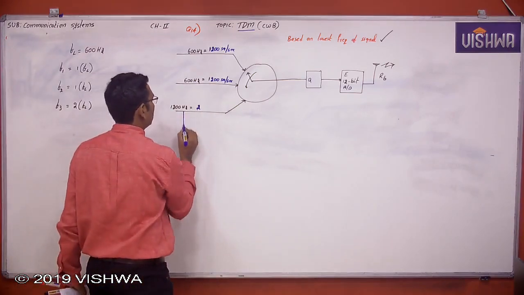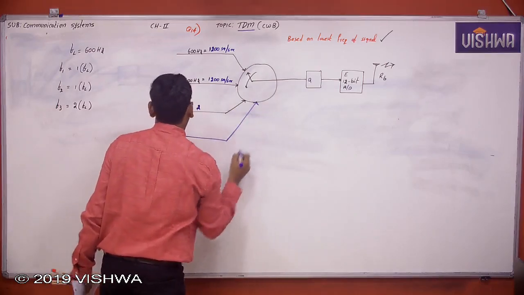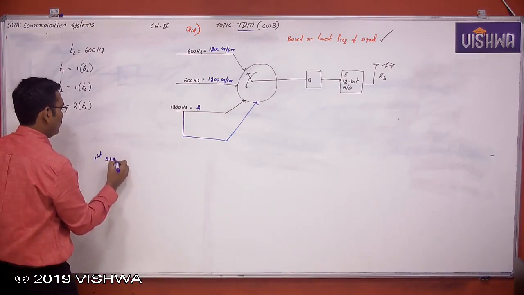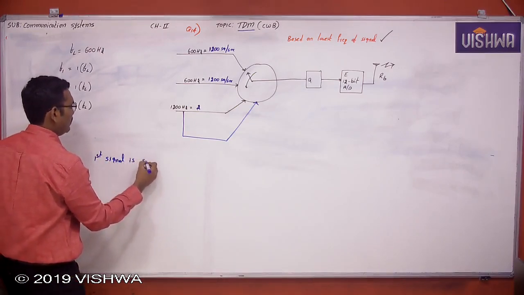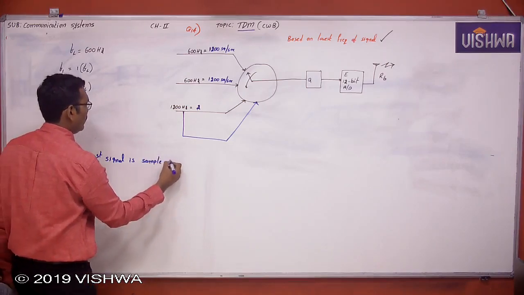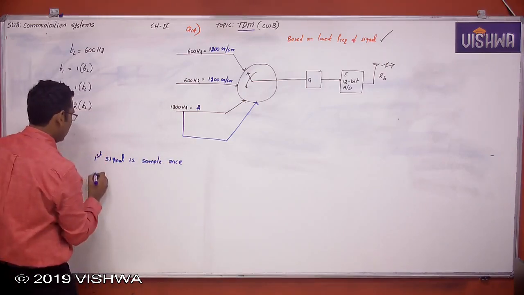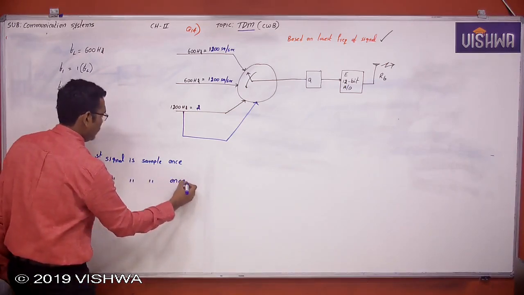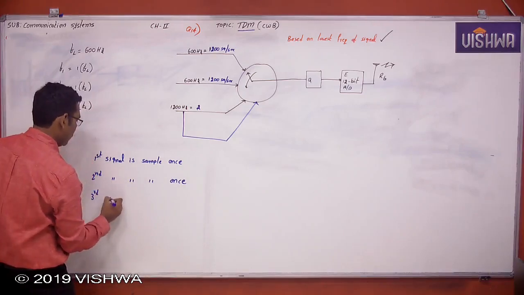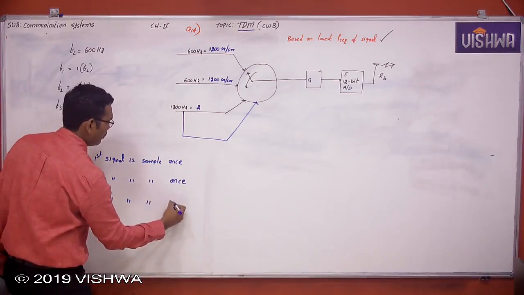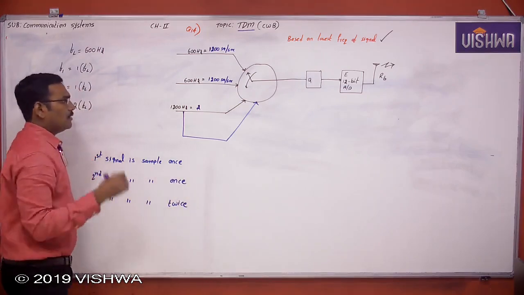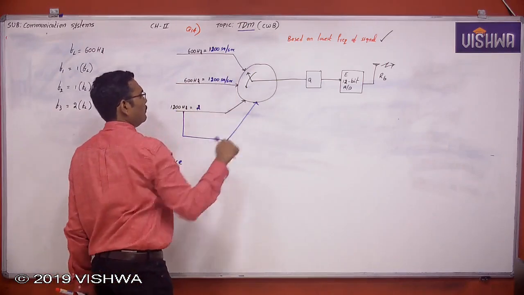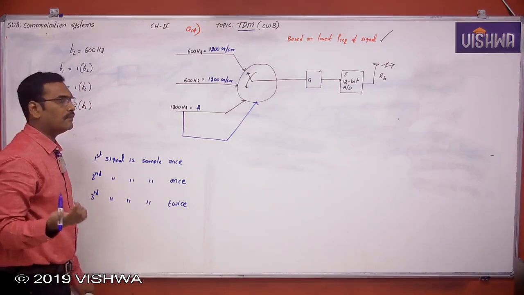Therefore this signal is sampled twice. So the first signal is sampled once, the second signal is sampled once, but the third signal is sampled twice. 3 signals, but the input to the commutator is 4: 1, 2, 3, 4. So the commutator will treat it as 4 signals.